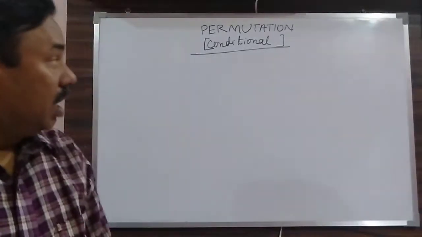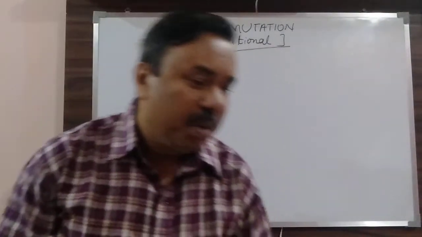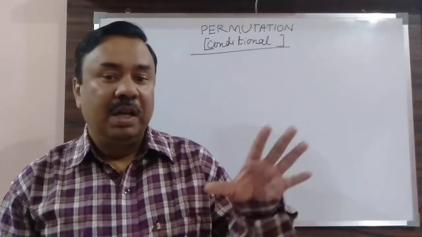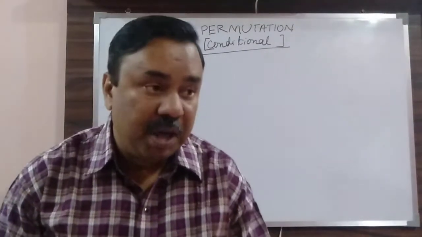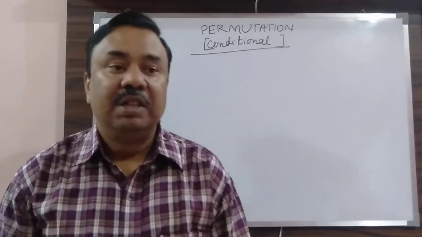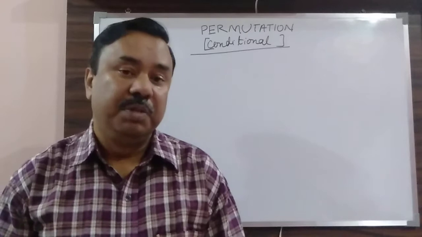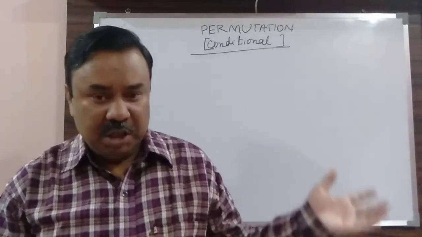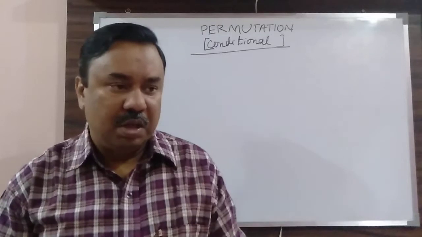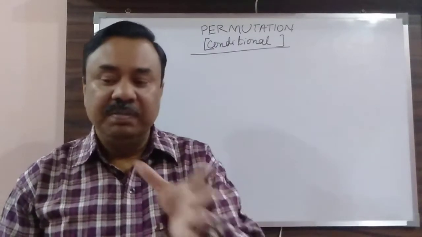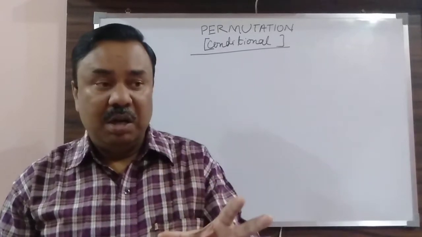So let's start. Permutation, as I told you, is the number of arrangements that can be made from the given number of objects. That is called permutation, meaning arrangements. Suppose that you have got n objects and you have got r places where you have to arrange them.